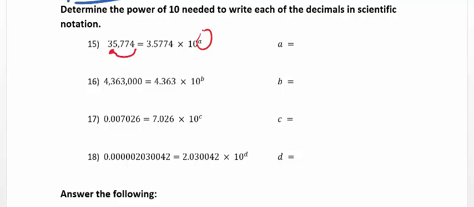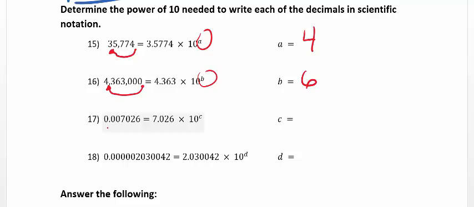Well, because we moved it 4 places to the left, our power on 10 will be 4, so a is going to equal 4. Next problem, the decimal's at the end, and it moved right in between the 4 and the 3. So our integer b is going to be 6 because we moved the decimal 6 places to the left.